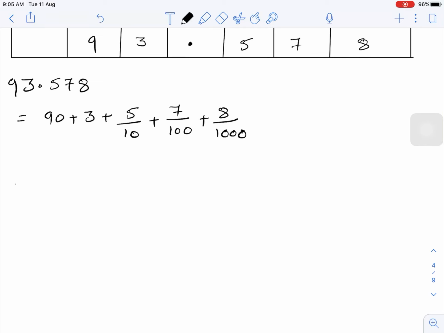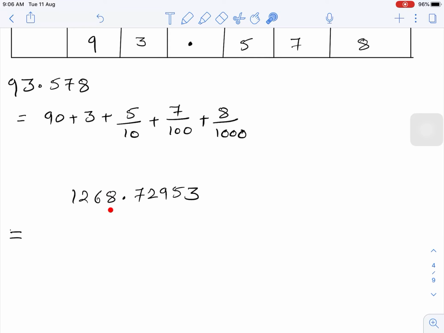Suppose we have the number 128.72953. Let me change the last digit. Now we have to write this number in expanded form. So what we will do is decide the place value of each of the digits.